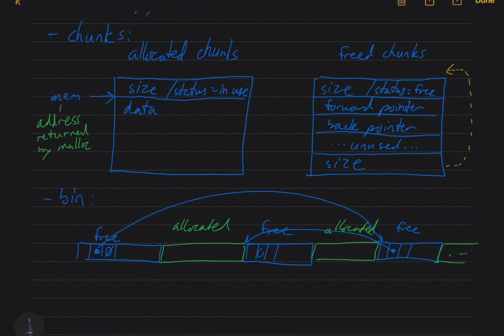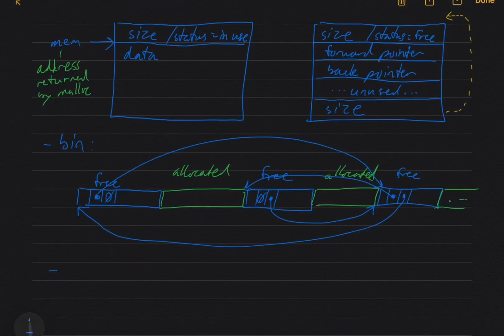Its forward pointer would be null, and then we just need to add some back pointers here. The back pointer from this chunk would point to here, and the back pointer from this chunk would point to that one. It looks like a mess now, but hopefully you get the idea. It's a linked list.